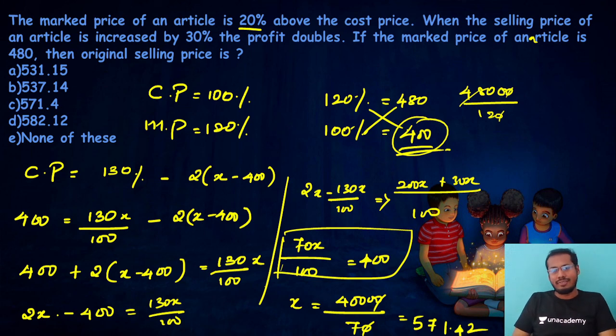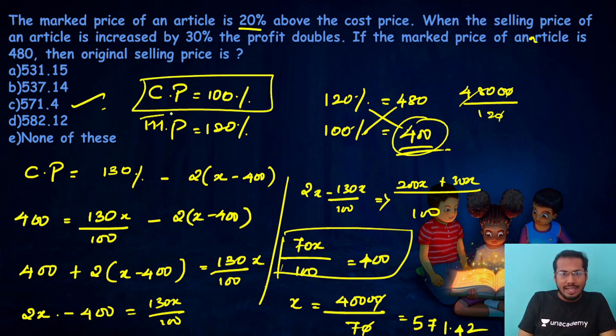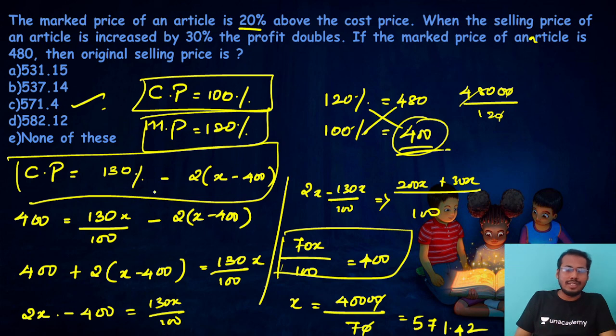This is the final value you will get. Is it yes? So option C is the right answer. The only way is to first find the cost price and the market price, then write this equation. Then if you solve this, you will get the X value. So what is the original selling price?